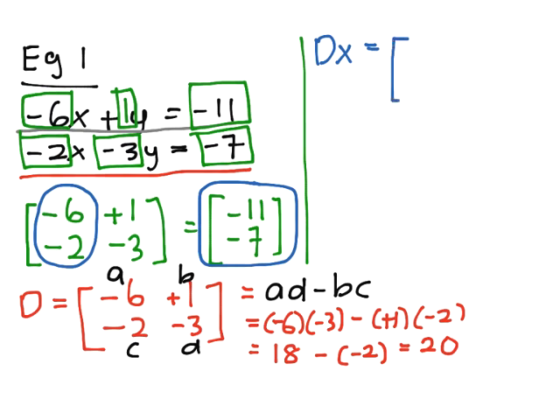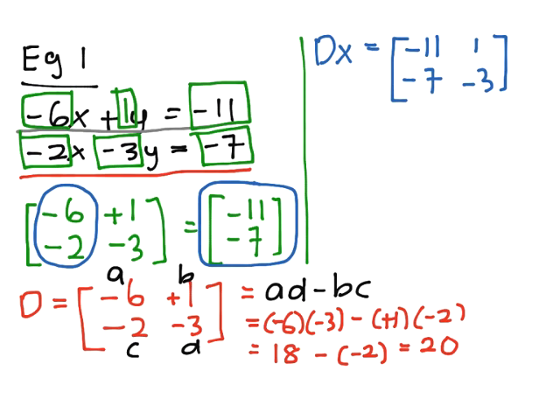So our matrix will be -11, -7, then 1, -3. Substituted into the x column. The same thing, to come up with the dx value we apply AD minus BC.